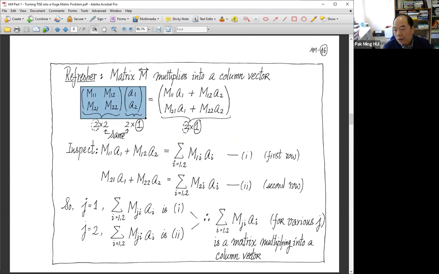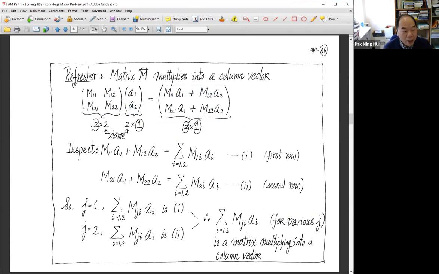Of course, you know how to multiply 2 by 2 into 2 by 1. It will give you a column 2 by 1, all right? Again, the first one will be this multiplied into A1 plus this multiplied into A2. So that's the first line, okay?